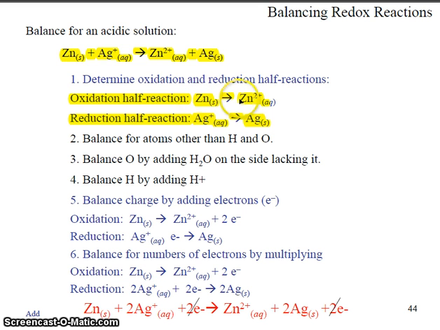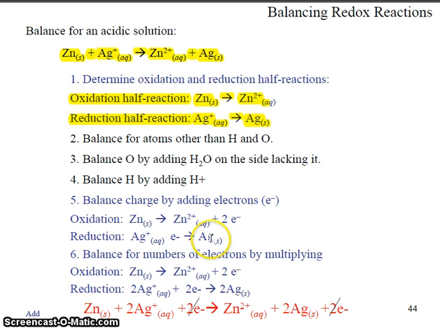Notice we have one atom of each kind, so that part is balanced. What is not balanced is actually the number of electrons. If you view the oxidation reaction, we have zinc giving you zinc ions and 2 electrons. Silver is gaining that electron to give you silver metal.